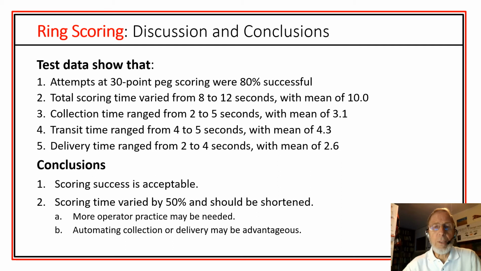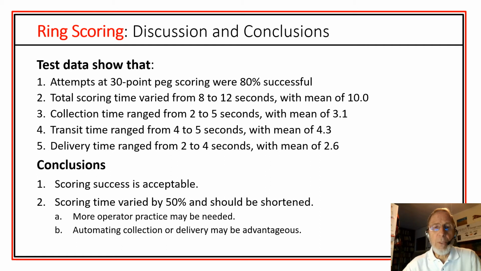Scoring time, it varied quite a bit. We could see that the total scoring time ranged from 8 to 12 seconds. That's a 50% variation, which would be of concern.